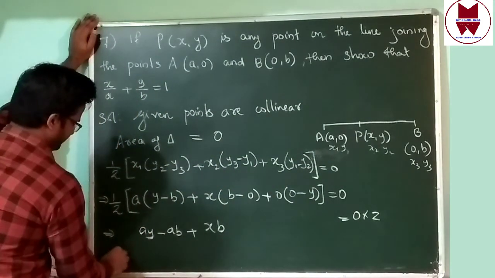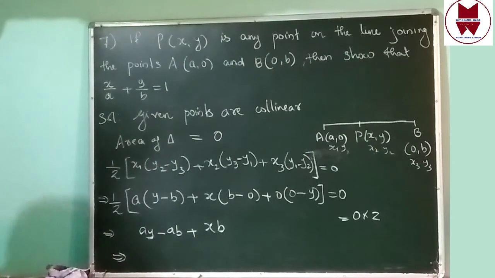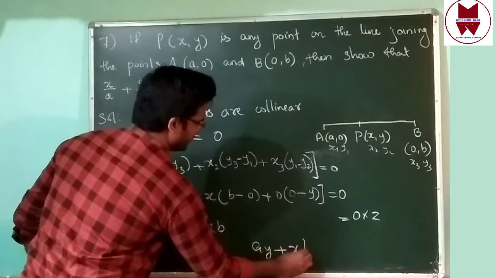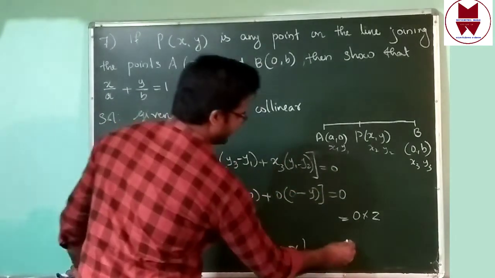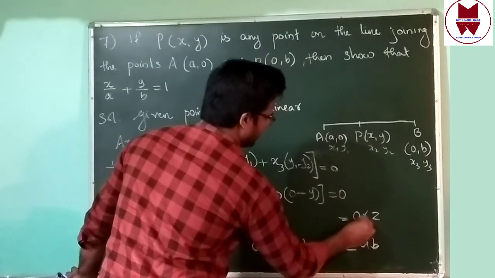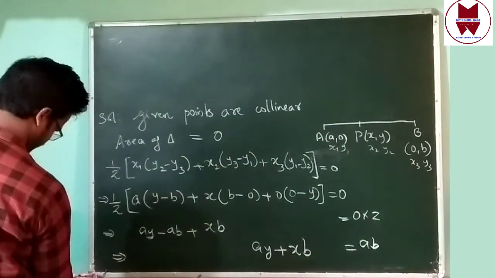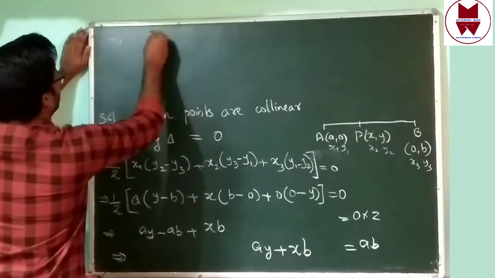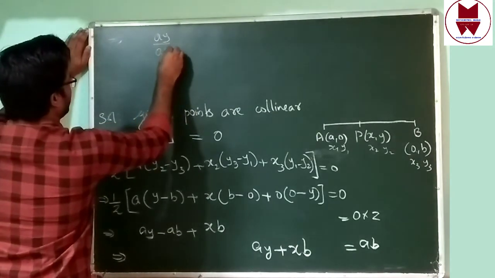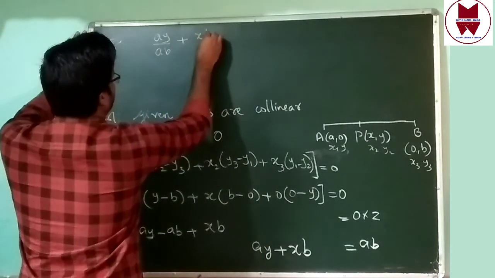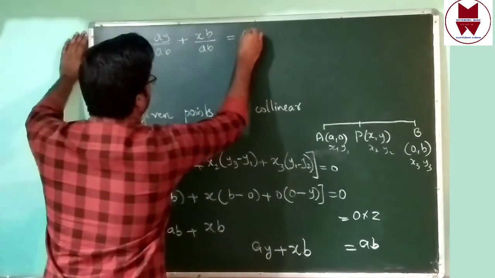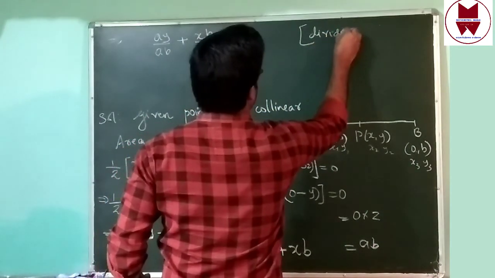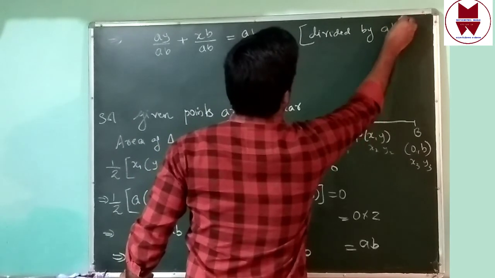Then we can rearrange. ay plus xb, this minus ab we bring to the right side, that will be plus ab. On the other side, 0 into 2 will be 0. Then divide all the terms by ab. We can write ay divided by ab plus xb divided by ab equal to ab divided by ab.